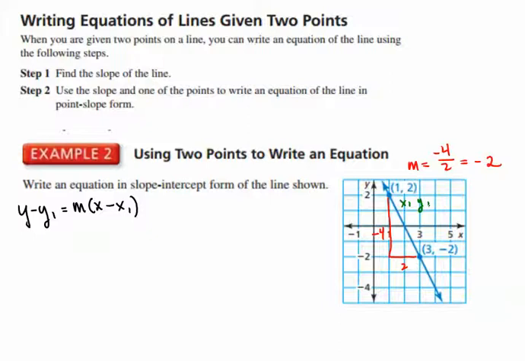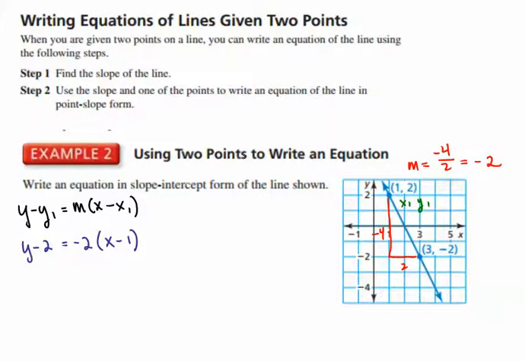So first I'm looking for y minus y1, which is y minus 2, is equal to the slope, which is -2, times x minus x1, which is 1. Right? Now I'm going to write the point-slope form of this line using the second point.